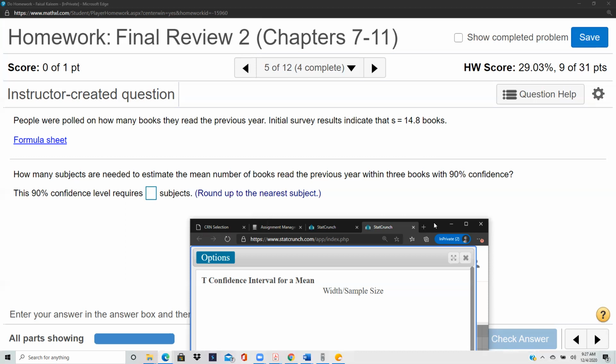Isn't it the margin of error that I'm giving myself? That okay? Margin of error. Yeah. So this 3 books here is the margin of error.